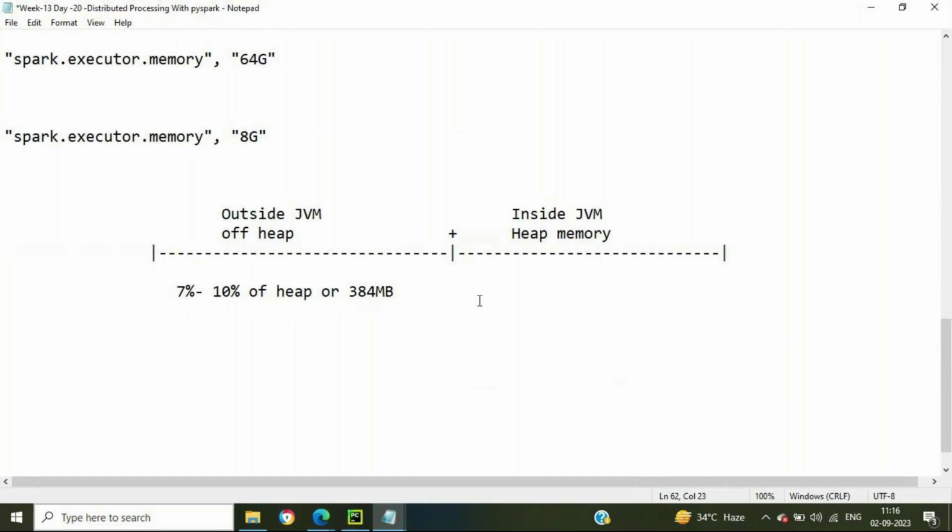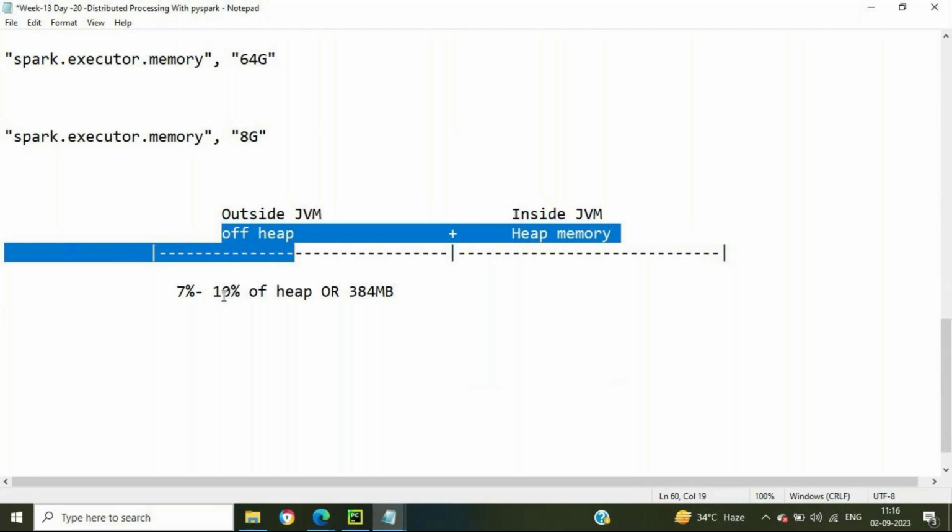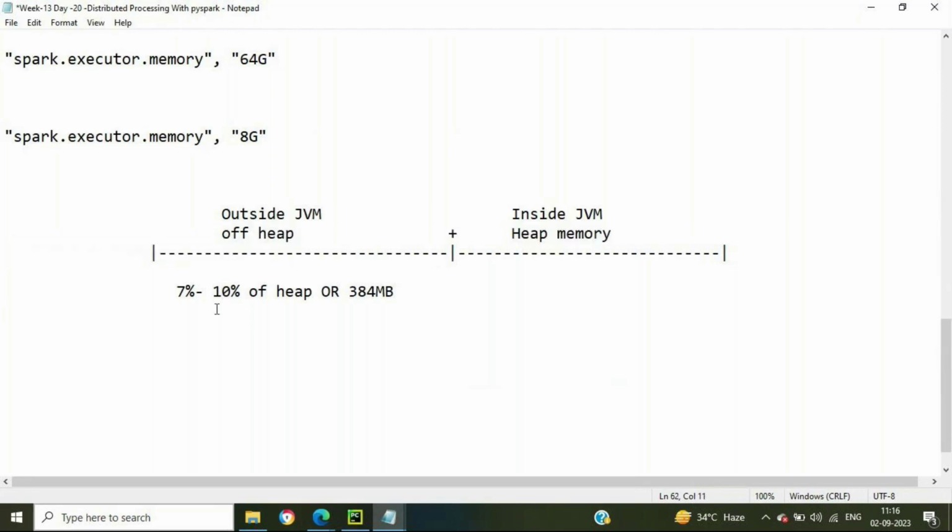This is the default, and we can even decide if we want our off-heap memory to be 10%, 7% or 5%.